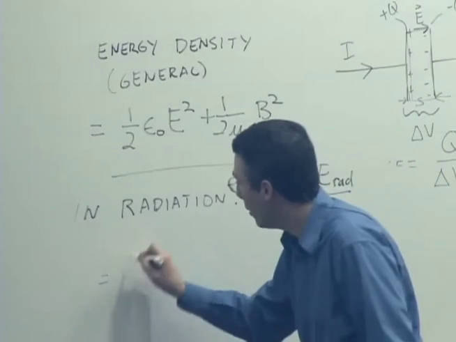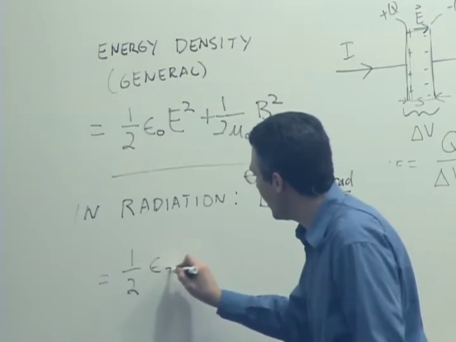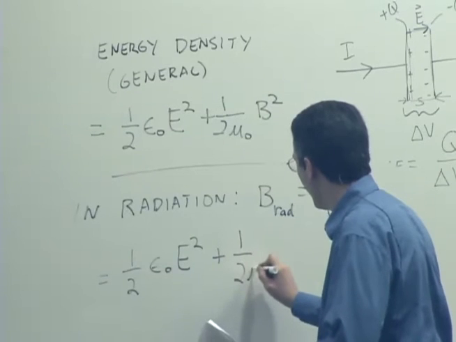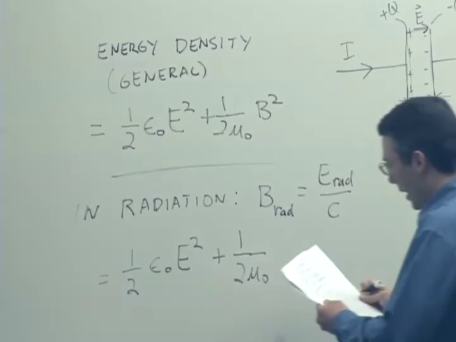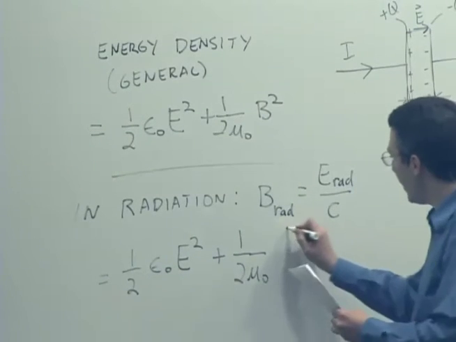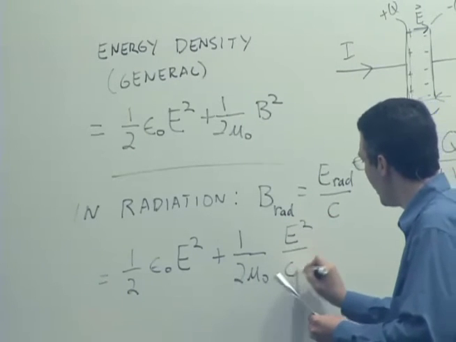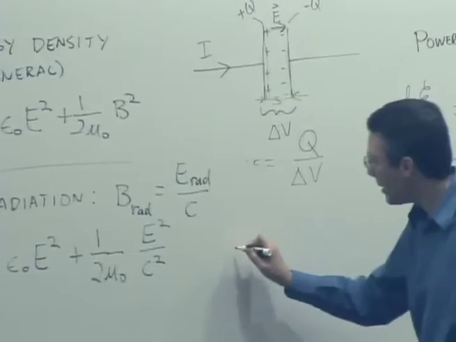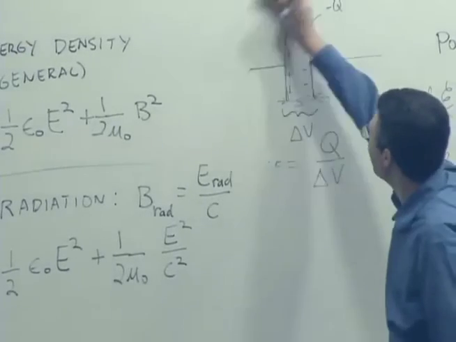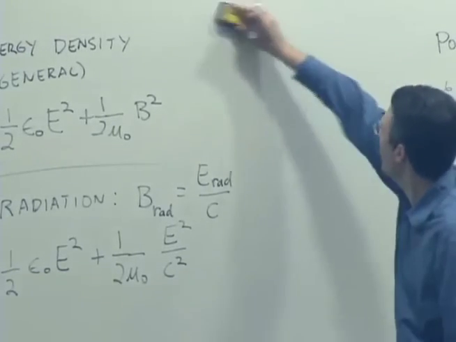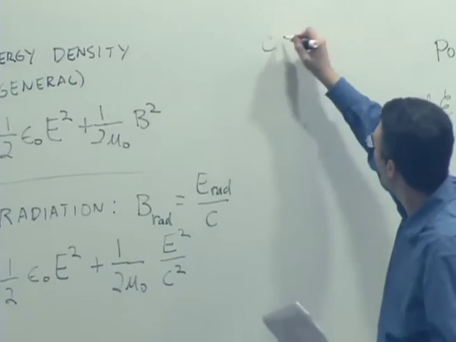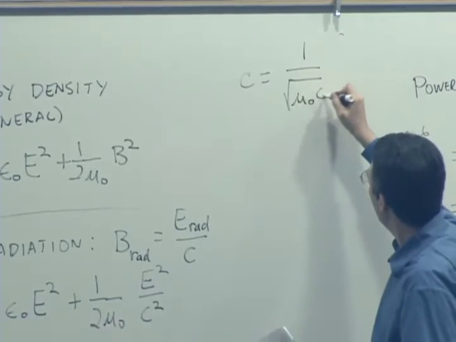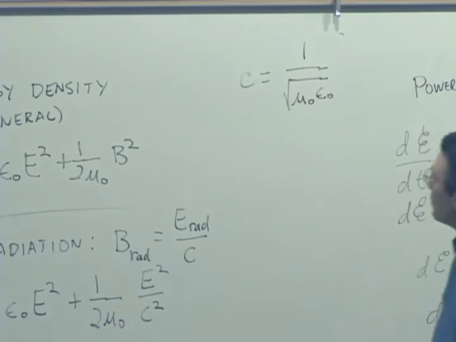I have 1/2 epsilon 0 E squared plus 1 over 2 mu naught, and we have E squared over c squared. But if you remember, we worked out that the speed of light, c, is equal to 1 over square root of mu naught times epsilon naught.